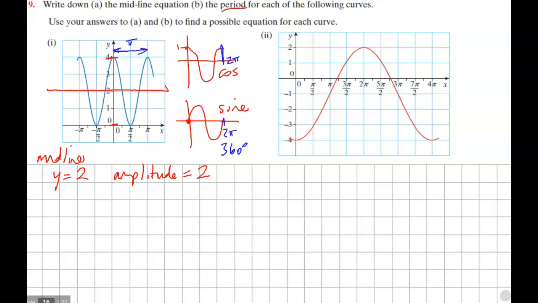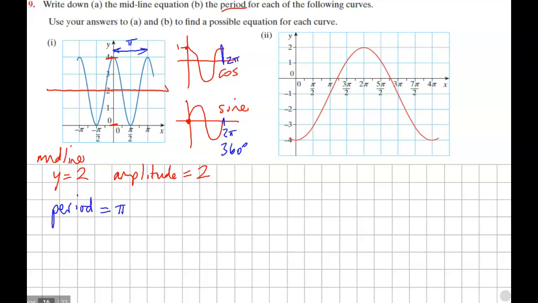So this is half of the normal period. So the period is equal to pi. It's the width for one full oscillation before it starts repeating itself.